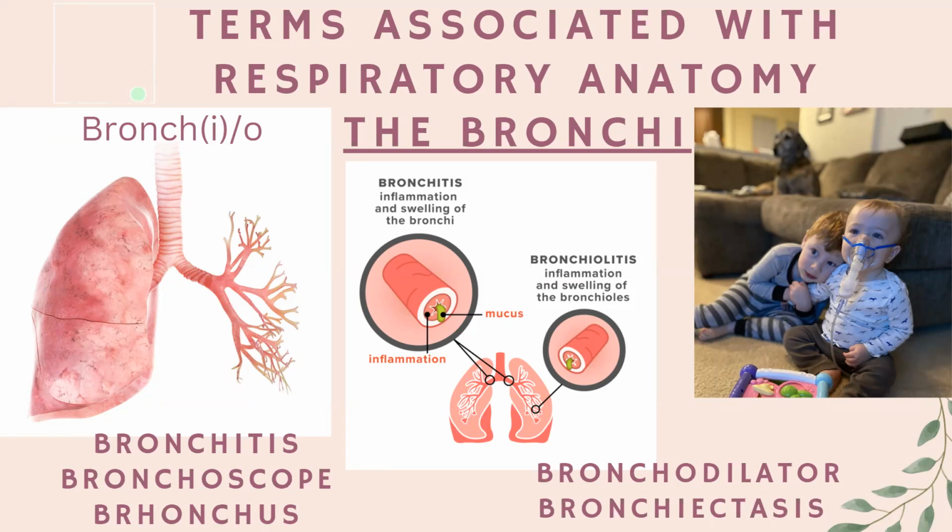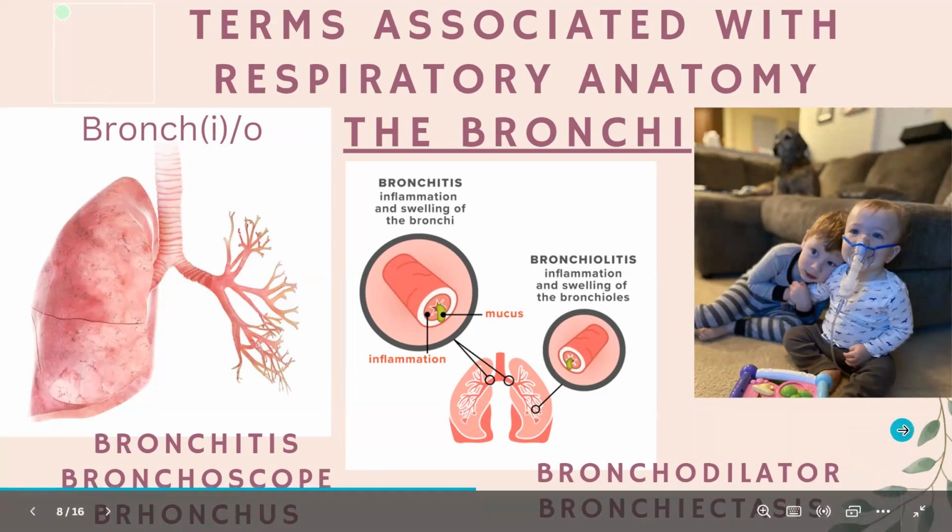Would a bronchodilator make the airways wider or more narrow? Good. If you said the airways would be wider, good job. Remember, dilate is to get wider. We see that with our pupils, and with our blood vessels with vasodilation versus vasoconstriction, or bronchoconstriction, which would be to make more narrow. So a bronchodilator is going to make it easier to breathe.